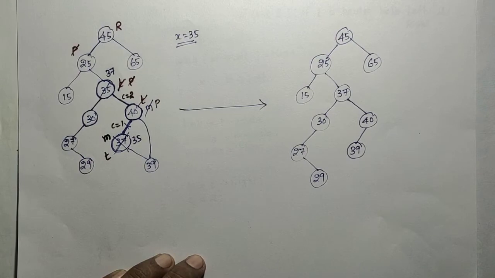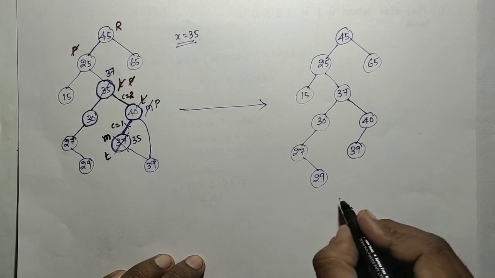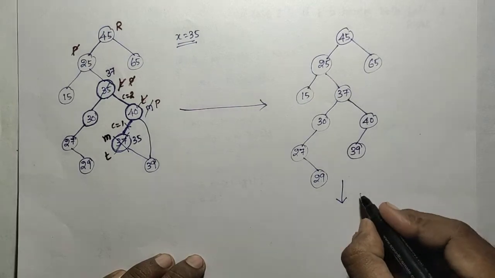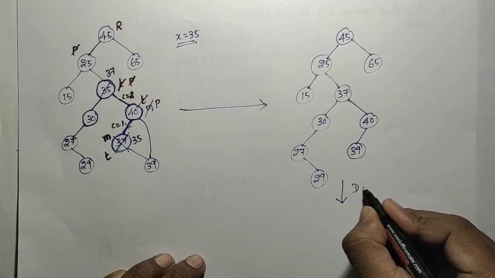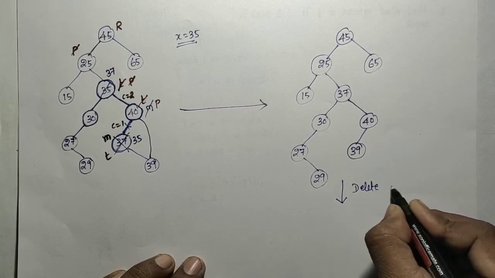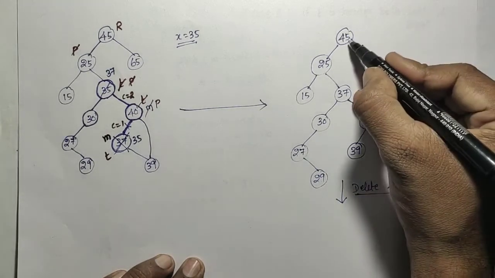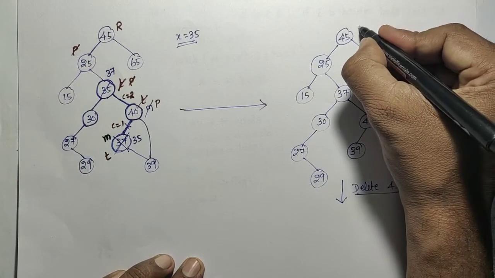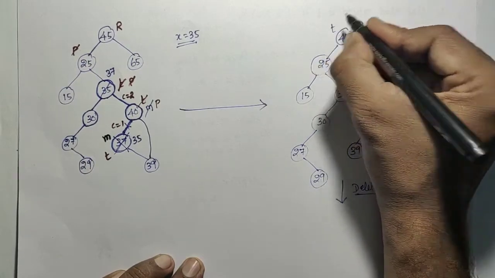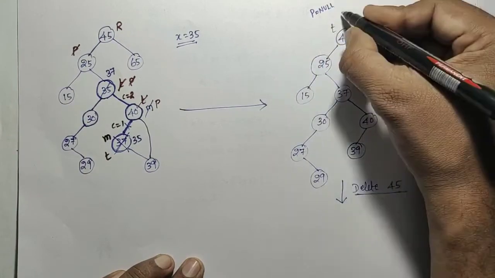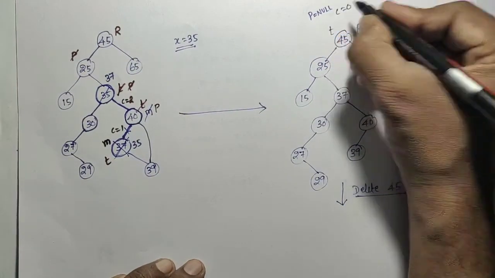So as per our algorithm, some quick deletion. If you want to delete 45, it means 45 is the root. So actually this is the r and this is t, and p equal to null and then c equal to 0 initially.